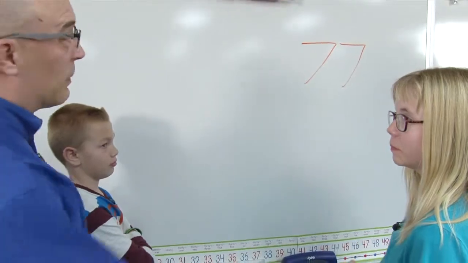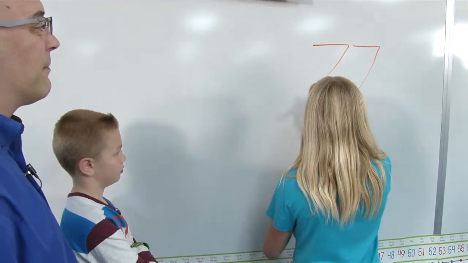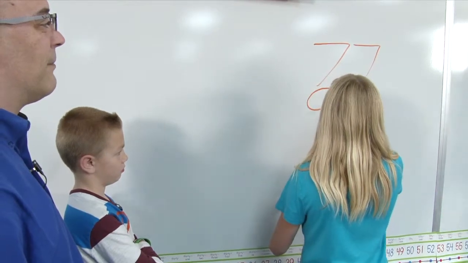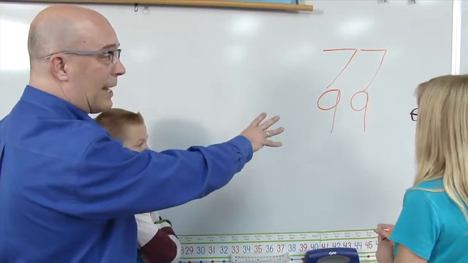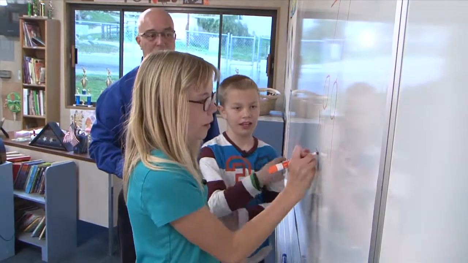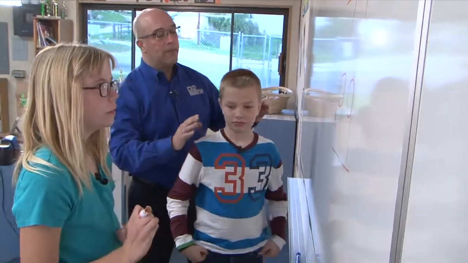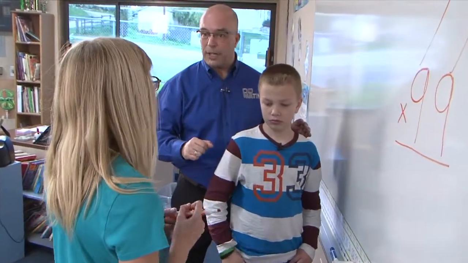So go ahead and put 99 underneath it. What we're going to do is a multiplication problem. So what else do we need to do to start? Good. Put our symbol in there. Draw our line.